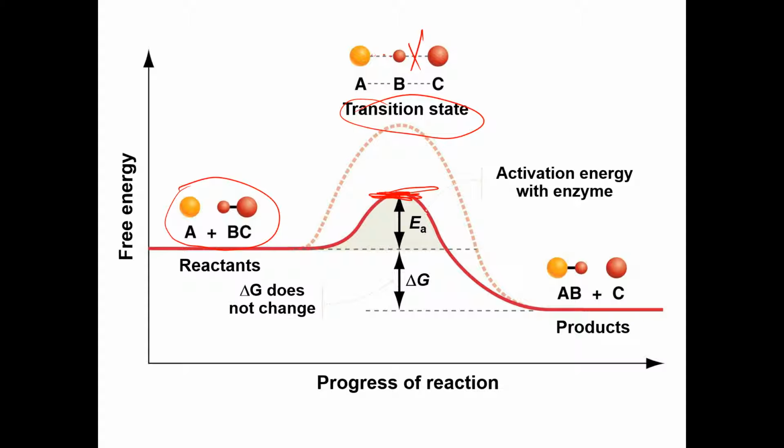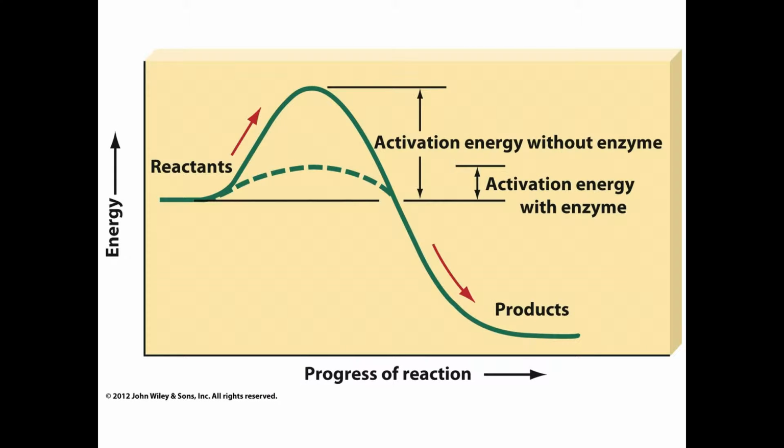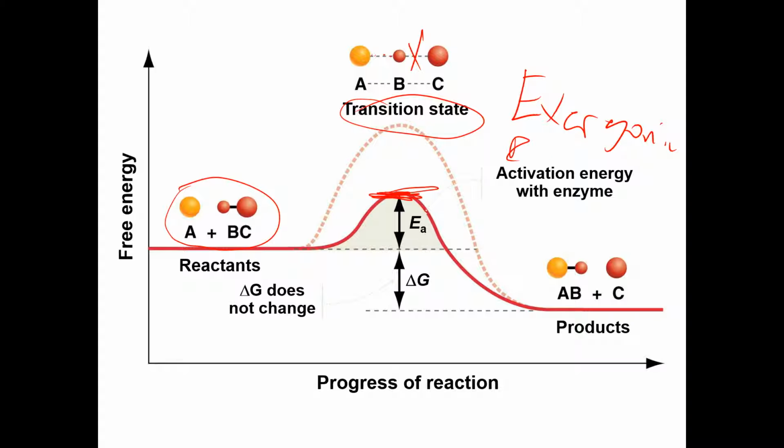Now, one thing is important here: the amount of free energy change. Notice that this is an exergonic reaction. Even though an exergonic reaction releases energy, it still needs a little help.